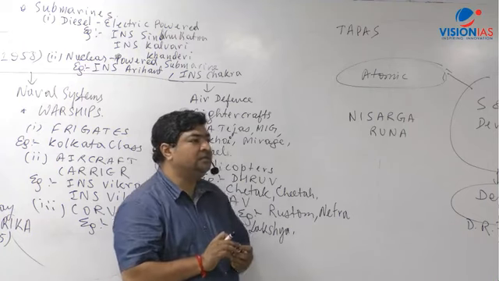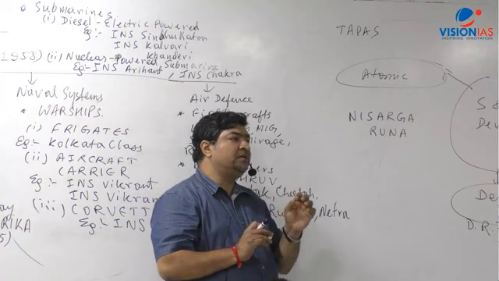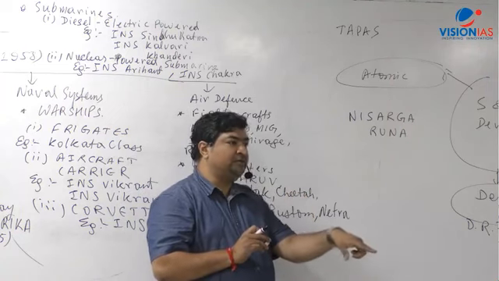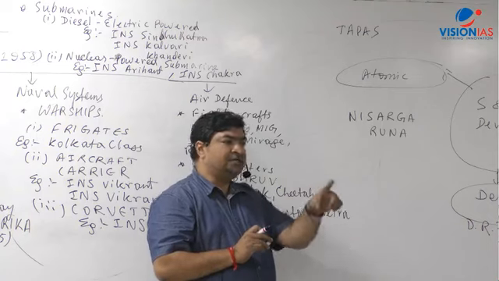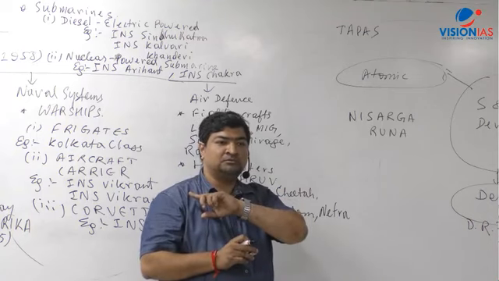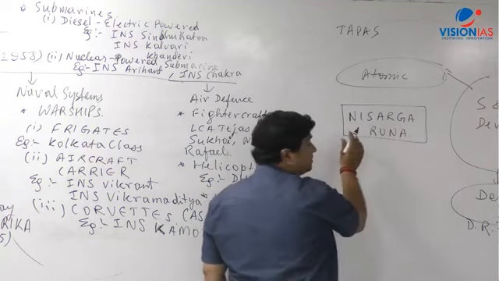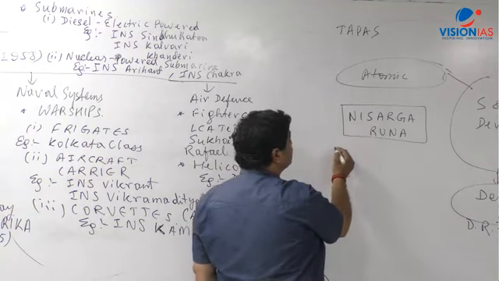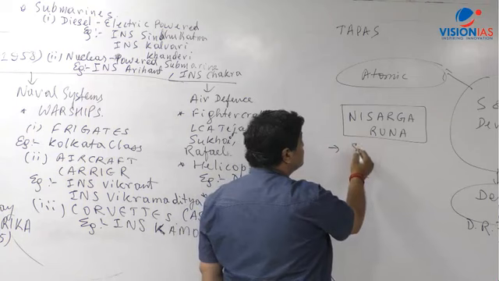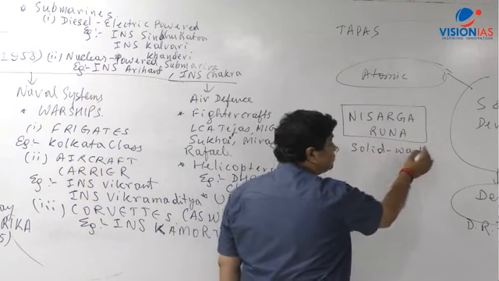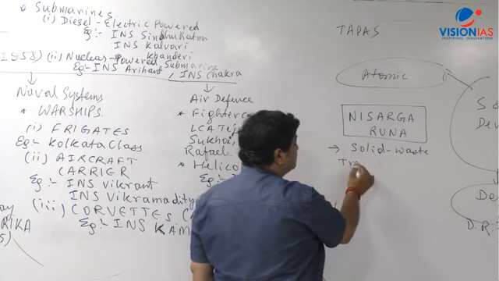Nisar Runa is a solid waste treatment plant. I've given radiation therapy, the example Bhabhatron, as part of DAE's work. Let me write the point here. The important word is solid waste, not sewage. Nuclear technology is used in this solid waste treatment plant.